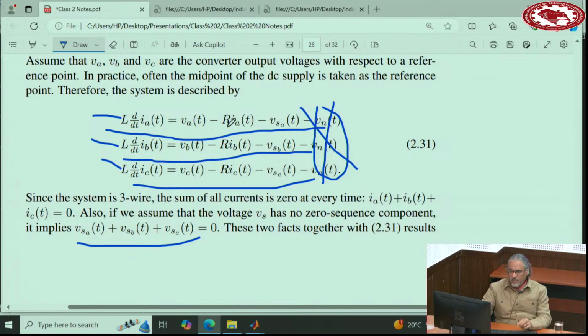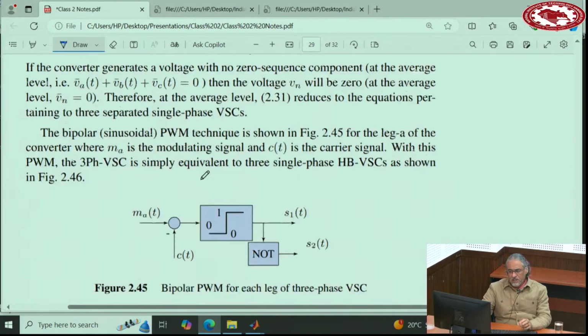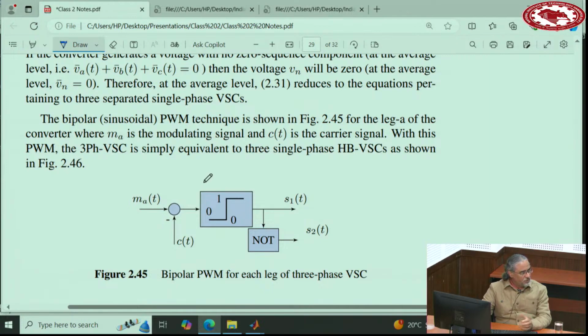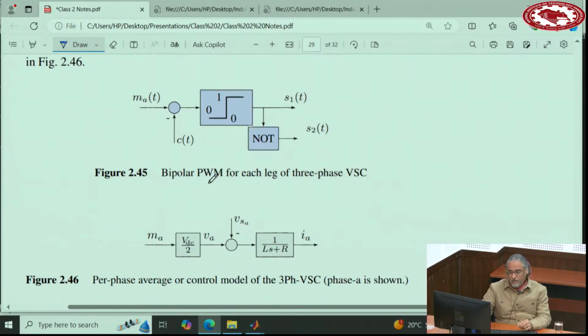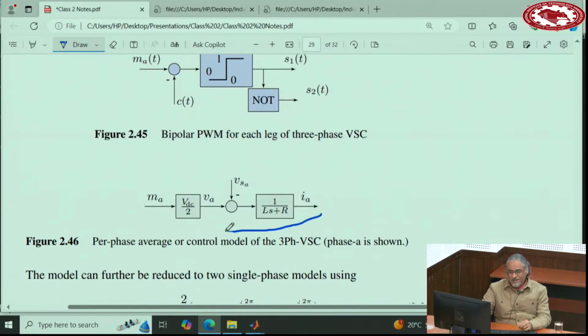One in phase A, one in phase B, one in phase C. And then already we derived the equations for single-phase VSC, half-bridge, by the way. That will be this one. So you have three of these circuits, one for phase A, one for phase B, one for phase C.